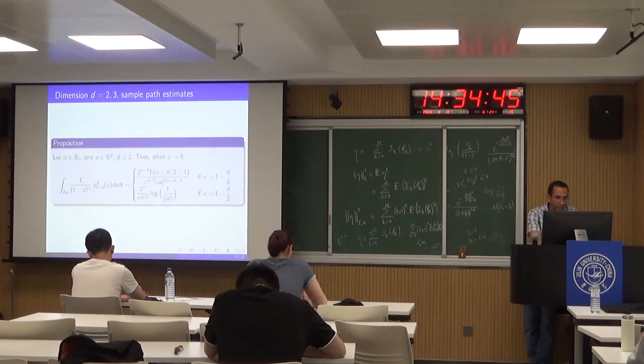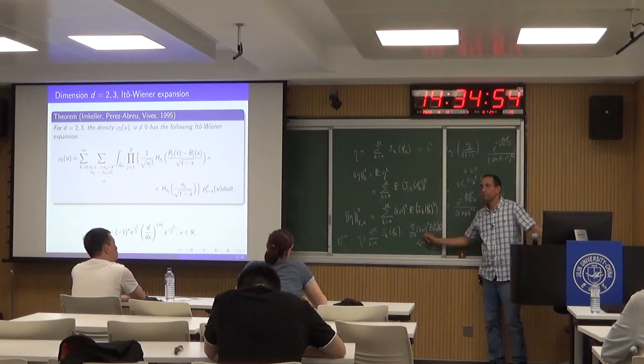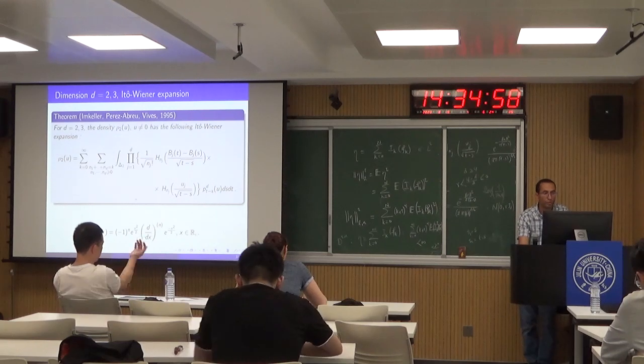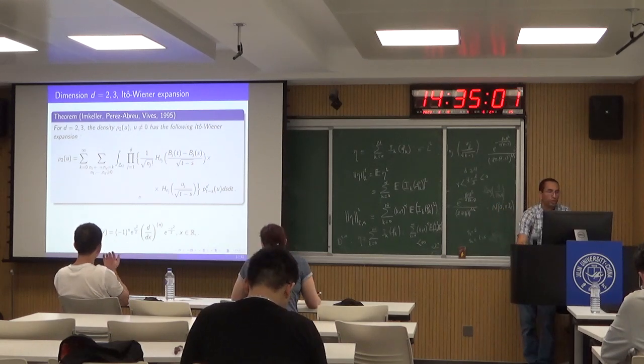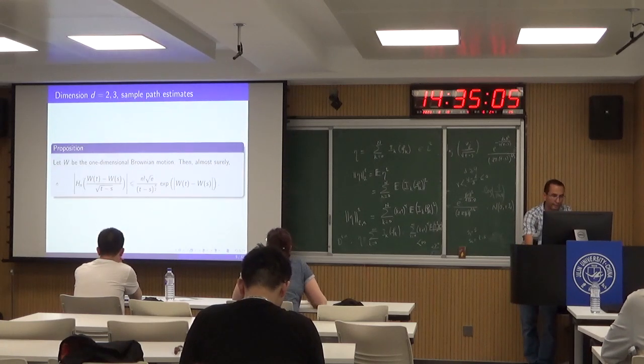The same Itô-Wiener expansion, but now, of course, this does not converge in the L2 sense. It converges with respect to a distance. You have to divide each term by (k+1) to some power in order to obtain a convergent series in L2.